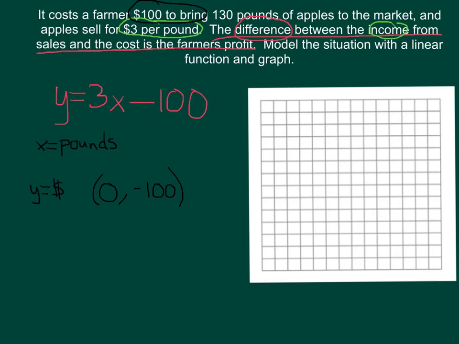We want positive and negative numbers. But for the apples, we only want to consider positive numbers. So my graph is going to look like this. We can consider positive and negative money, but the x-axis only represents positive pounds of apples.